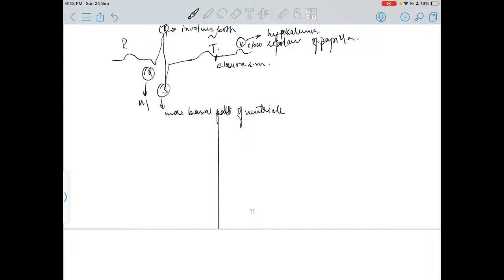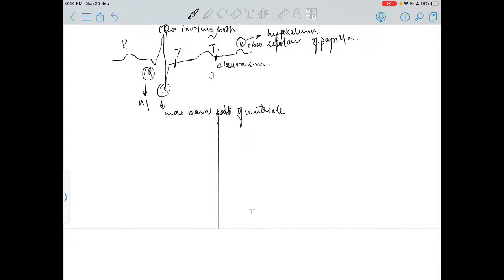Right, and J point. J is the point of no electrical activity, which is this one, I think. Sorry, this is the J point. This point of no electrical activity tells about the depression or elevation of the ST segment.